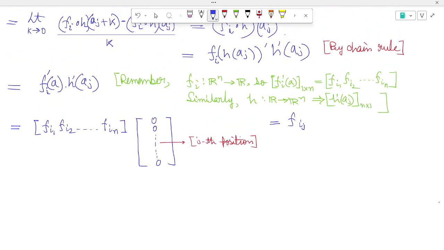So let me check whether f_ij is actually, I mean, this thing. This is not f_ij.